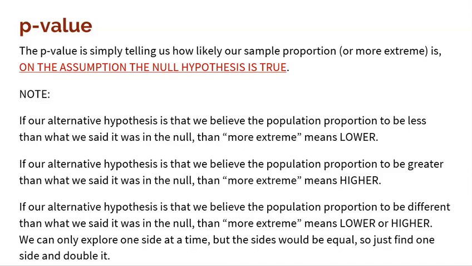All right, so let's talk a little bit more about the p-value real quick. If you want to explain this a little bit easier, the p-value is simply telling us how likely our sample proportion or more extreme is on the assumption that the null hypothesis is true. So if we think back to the problem that we're using in this video, for David and the depression in his town, the p-value would be the probability of a sample proportion coming back lower or equal to the sample proportion that he got of 26%.